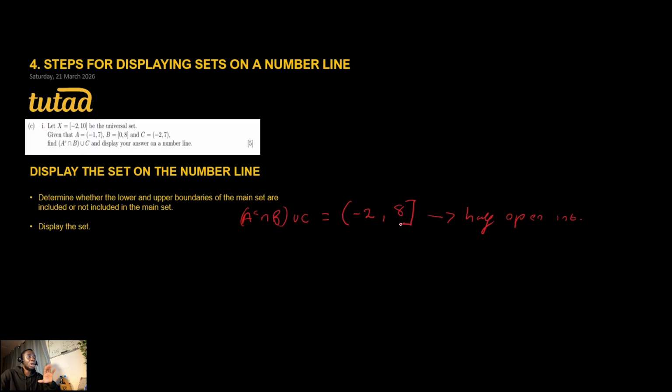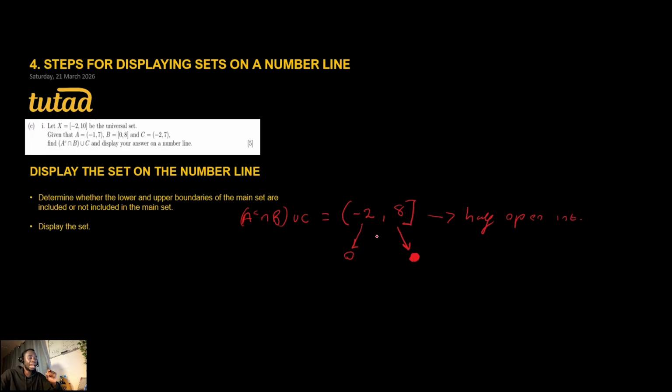Okay, so now the reason why we need to know whether the lower boundary and the upper boundary are included in the sets is because we need to know how exactly we are going to represent them on the number line. So if a boundary is not included in the set, we represent it using an open circle on the number line. On the other hand, if a boundary is included in a set, we represent it using a dot or a fully shaded circle on the number line.